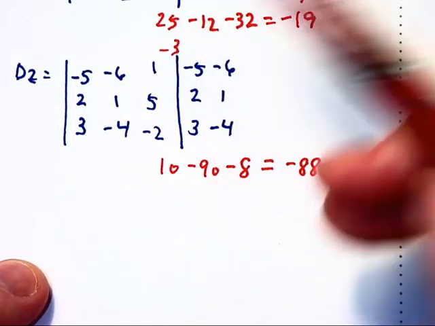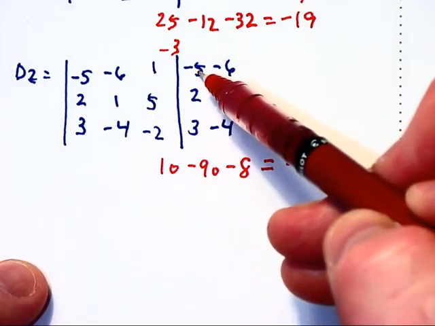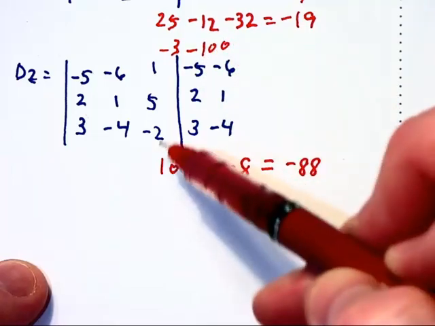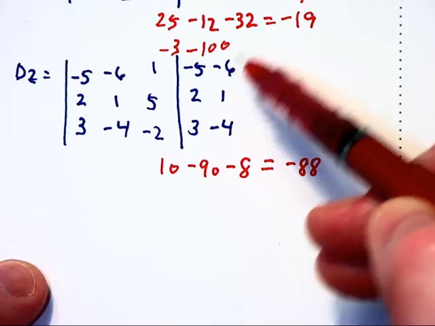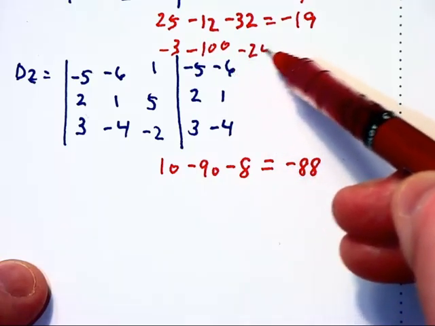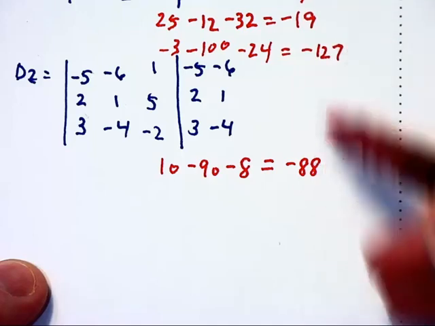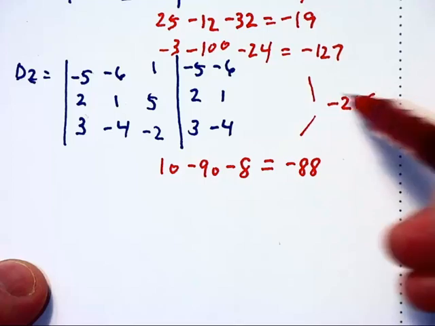Change it to a negative 3. Then we have negative 4 times 5 times negative 5. That would be 100. We change that to a minus 100. And finally, negative 2 times negative 6 would give me positive 24. I change that to a negative 24. Add across to get negative 127. Add the top and the bottom together here to get negative 215.